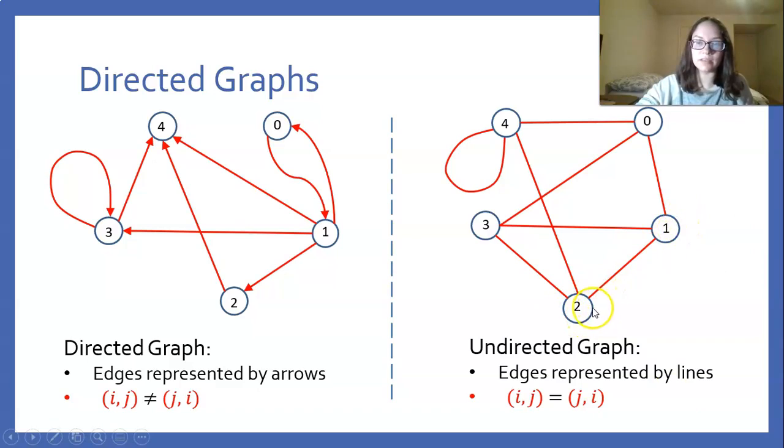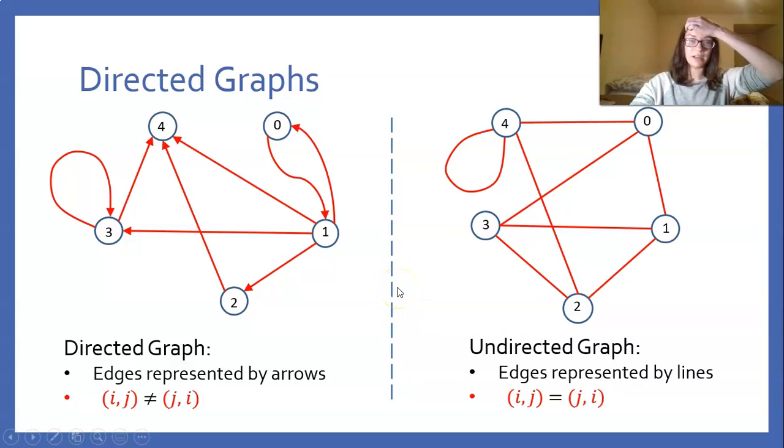So if, again, we're using a graph to represent locations or cities, or like a map of roads, then intuitively you know, of course, that if there is a road from, I mean, maybe this isn't exactly true, but most of the time, if there's a road from city 1 to city 2, then there is a road from city 2 to city 1, right?